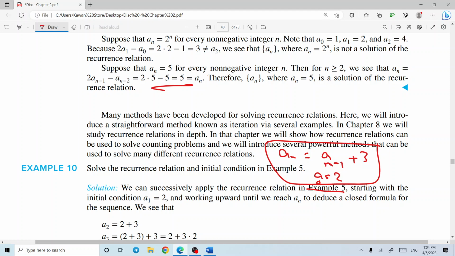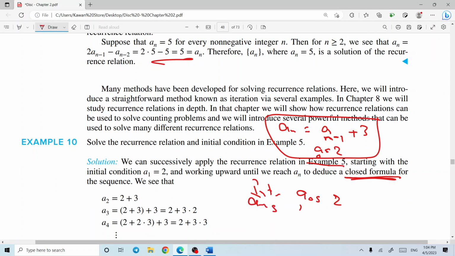Now kindly answer the following. Find the closed formula, meaning show me the formula for the nth term. Listen carefully. You have an initial value a_0 equal to 2, and you have the formula a_n equal to a_{n-1} plus 3. I say find the formula.